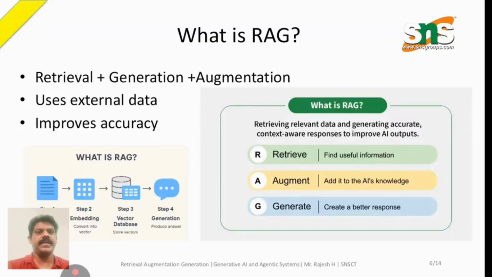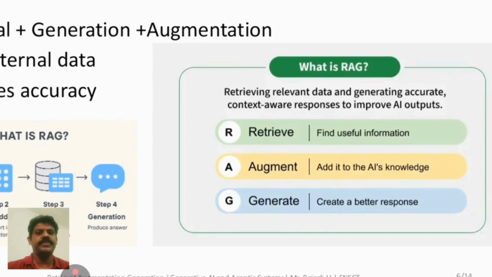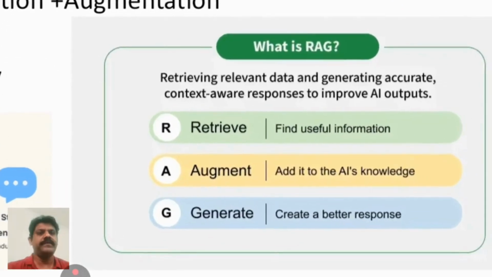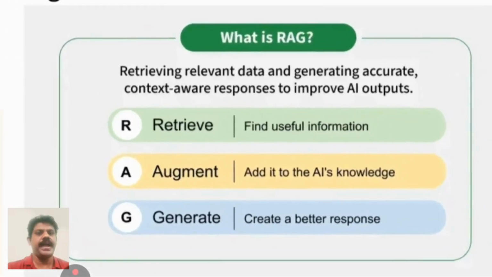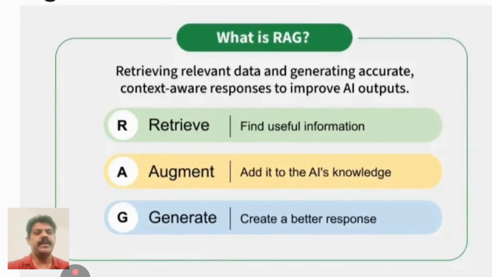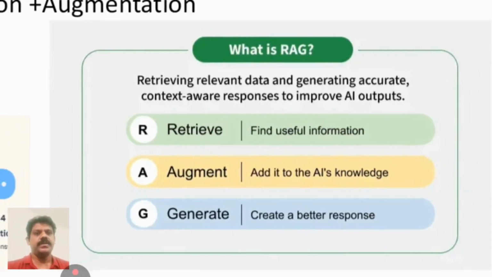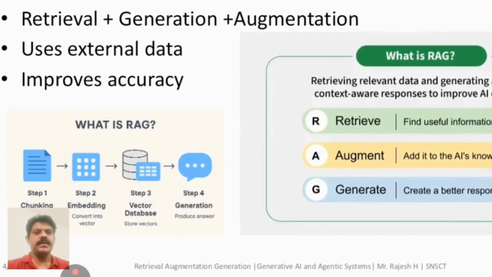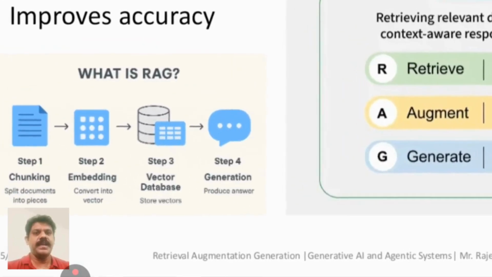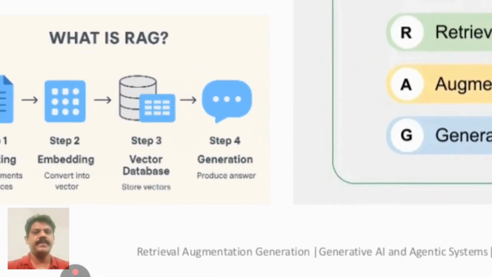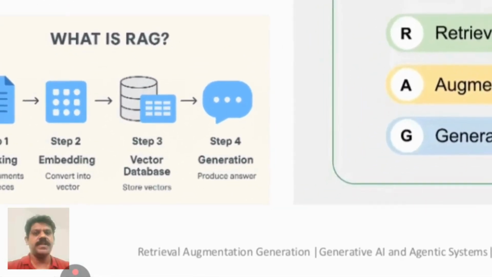So what is RAG? As you know, the three keywords which make sense are: retrieve, find the useful information; augment, add it to the AI's knowledge; and generate, create the better response. When you look at that, four steps are involved, as mentioned in the diagram. The first process we call chunking, where the documents are split into pieces.